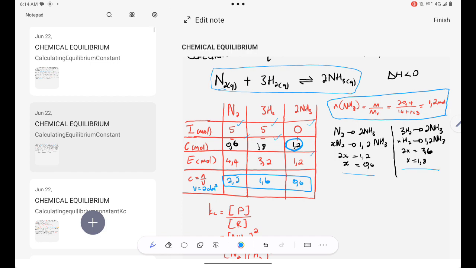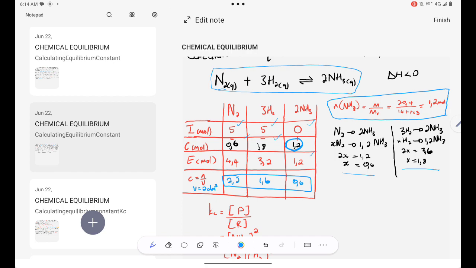And then I went to find the number of moles that I have at equilibrium. Initially for nitrogen, I had 5 moles, but I've only used 0.6. That means I'll be left with 4.4 because I just subtract. Same thing applies with hydrogen. Initially I had 5, but I've only used 1.8. That means I'll be left with 3.2 at equilibrium.